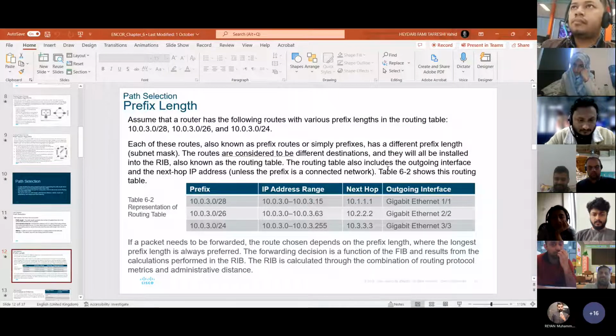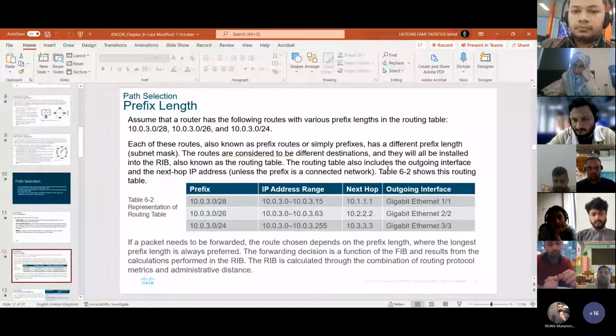For instance, static routes are more preferred over OSPF. And therefore, if we want to get to a subnet through a static route or through ISIS or OSPF or EIGRP, whichever, because a static route has a better administrative distance, which means a lower value, by the way, therefore we're going to go to that subnet through our static route.